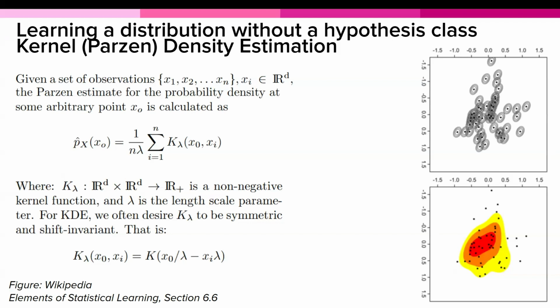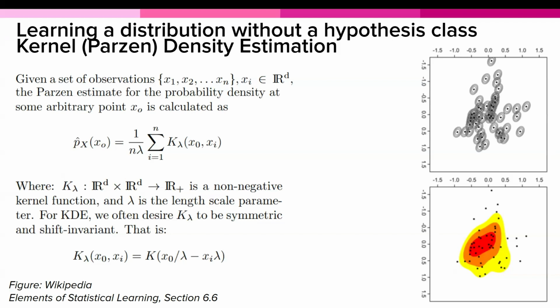Although there are some approaches where you vary lambda over the data set, those are less common, more advanced approaches. But yeah, the length scale is often referred to as the bandwidth because it controls how fast our approximation can change as we move over the domain of the data.